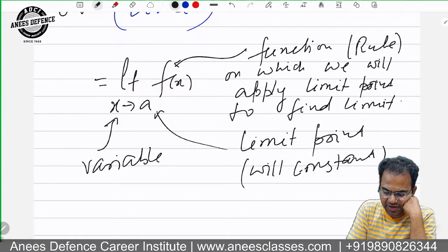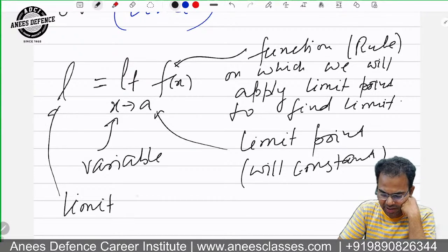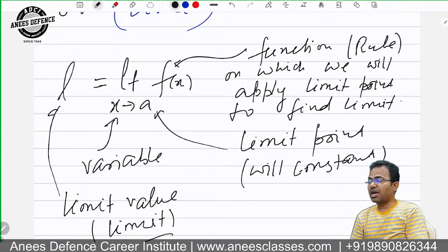Suppose this is giving the value L. So L is called the limit value or limit. Right?